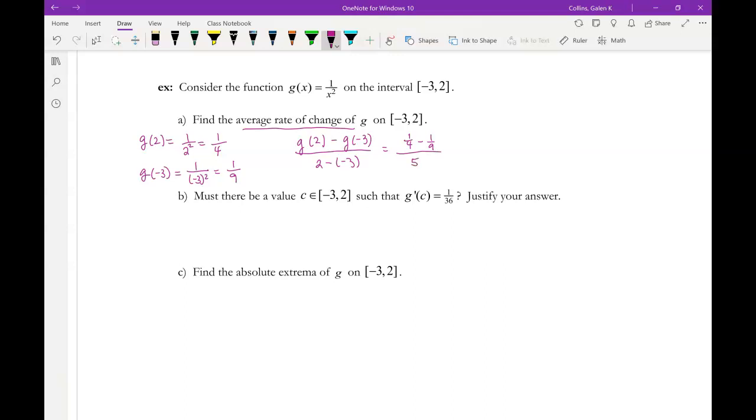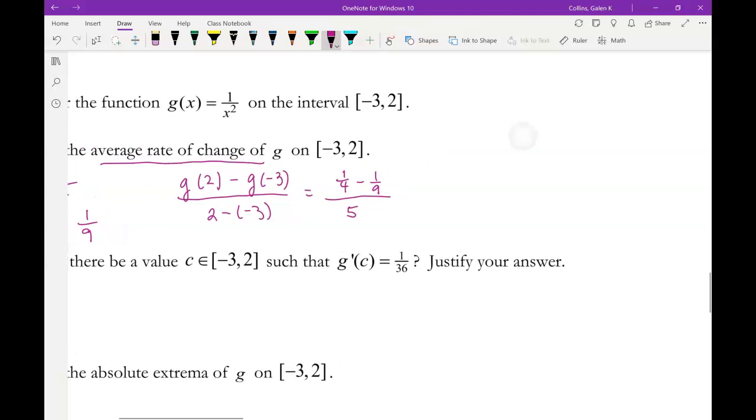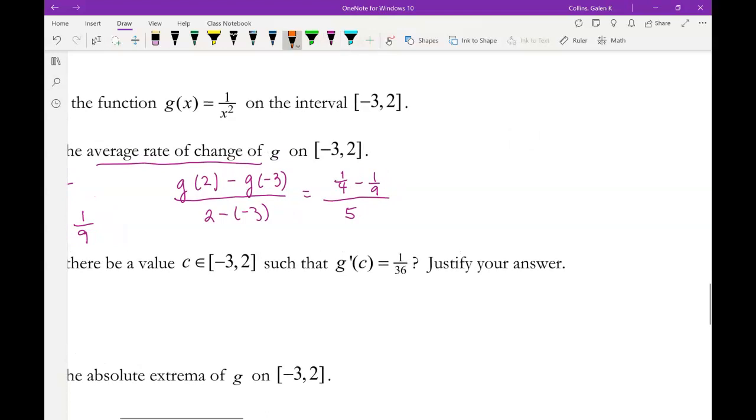So from here, it's up to you how you want to simplify this, but I think the easiest thing to do is to multiply the numerator and denominator by 36, because 36 is the least common multiple of 4 and 9.